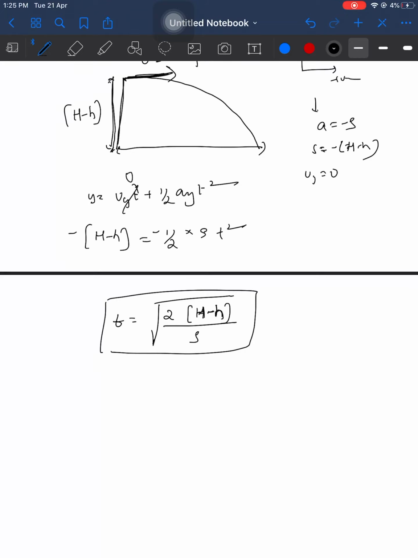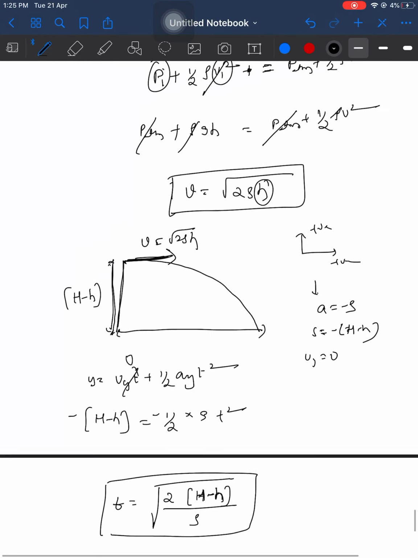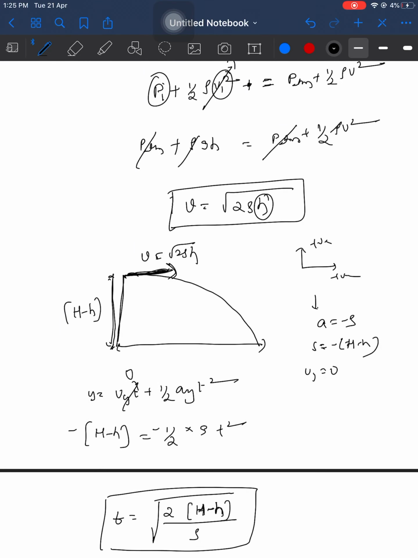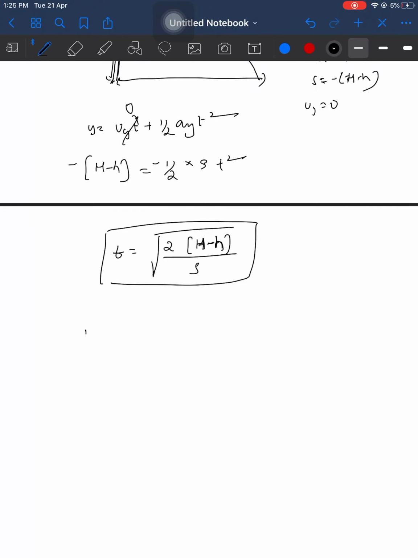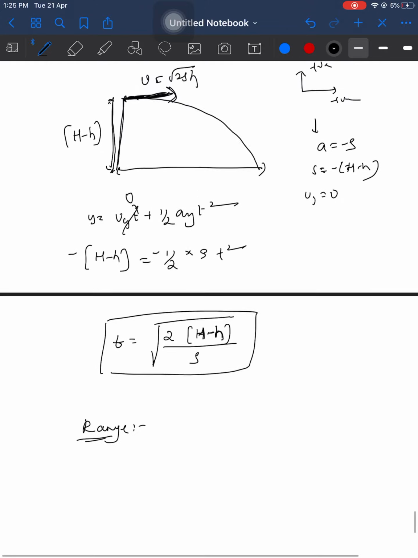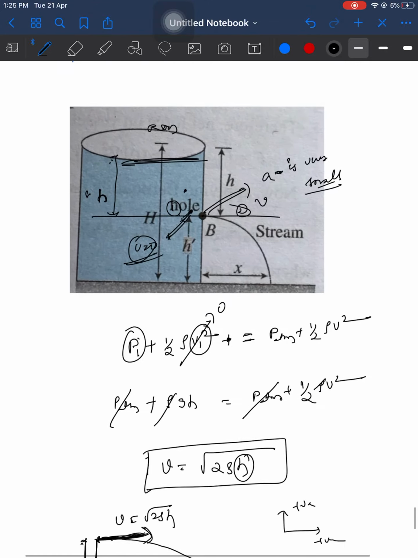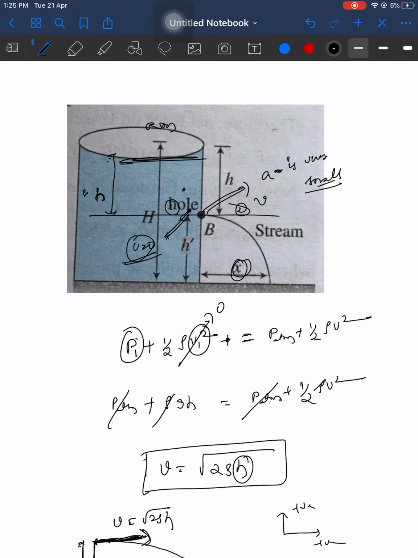It is like the time of a projectile. When a liquid is coming out from the container, it just acts like a projectile from the tower. Time we got; now the range, where it will fall, how much distance from the bottom of the container.